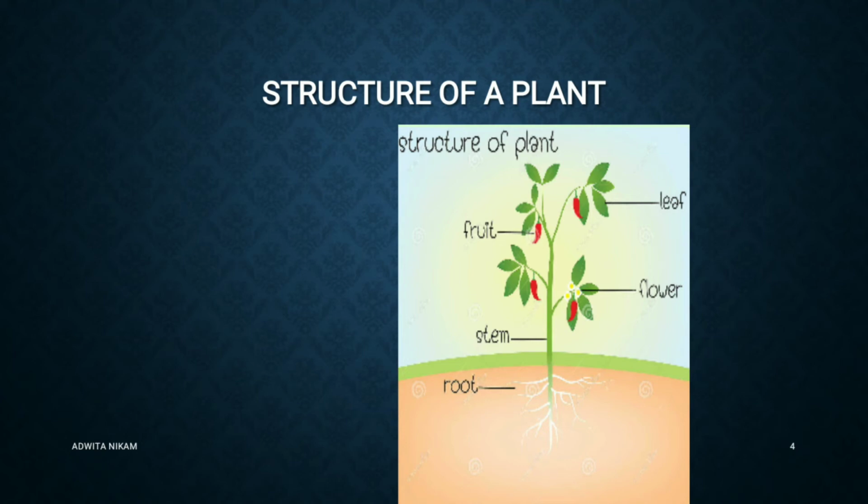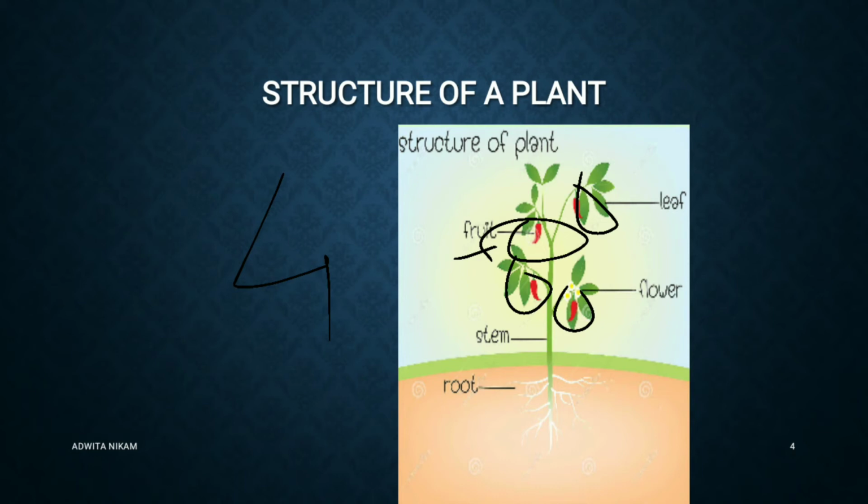Okay, so now the fruit. I think everybody likes fruits. I do. I like most fruits. Okay, so here are 1, 2, 3, 4 fruits. See here, there's written the fruit.